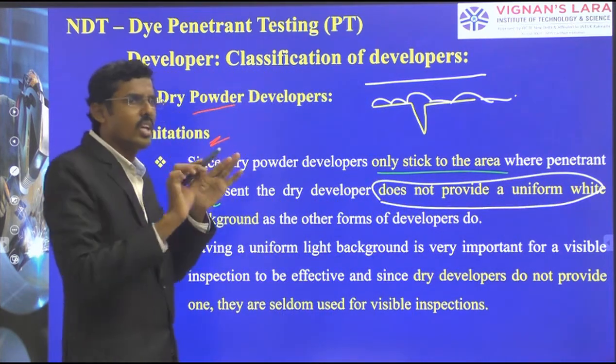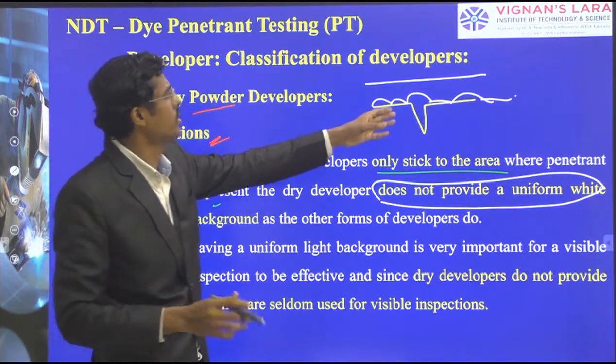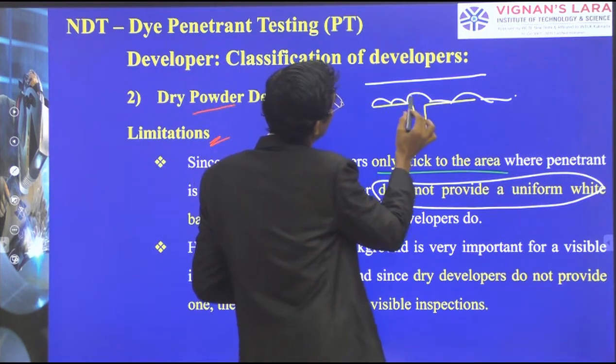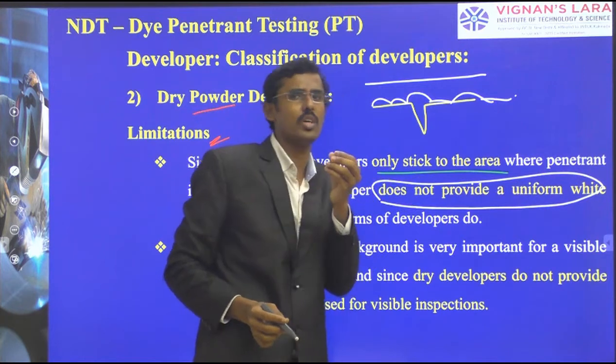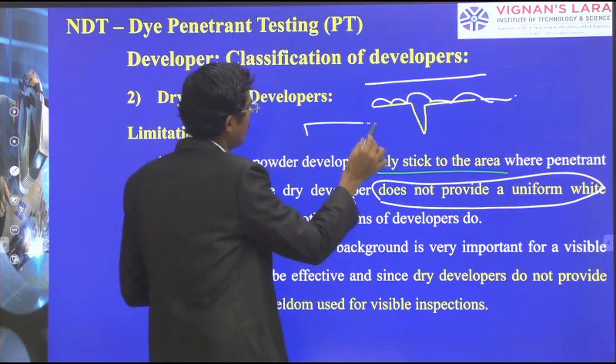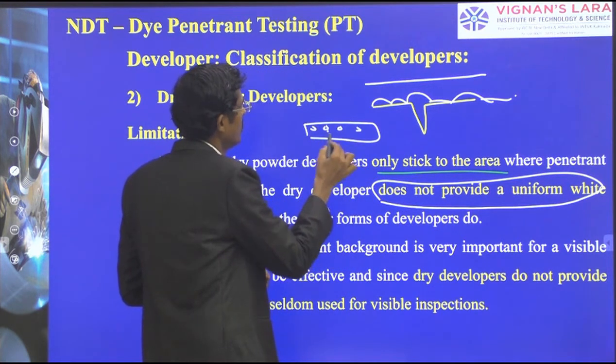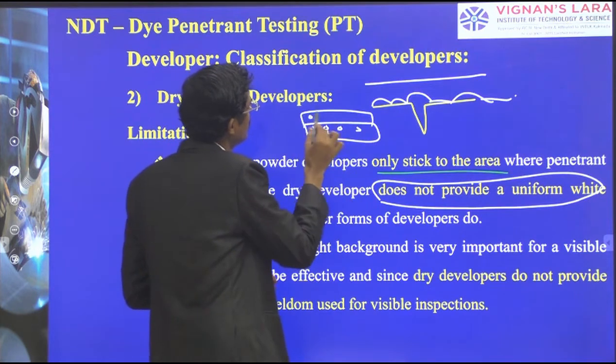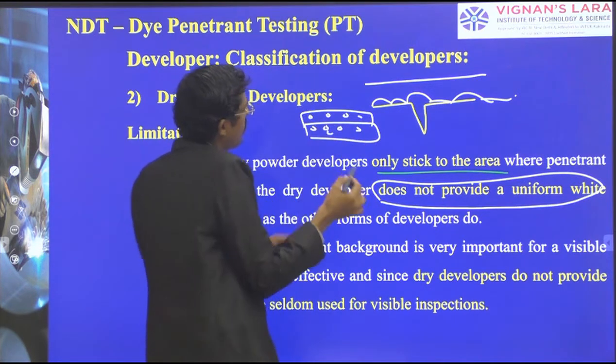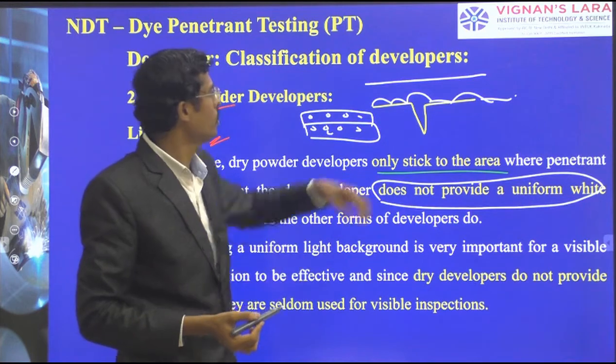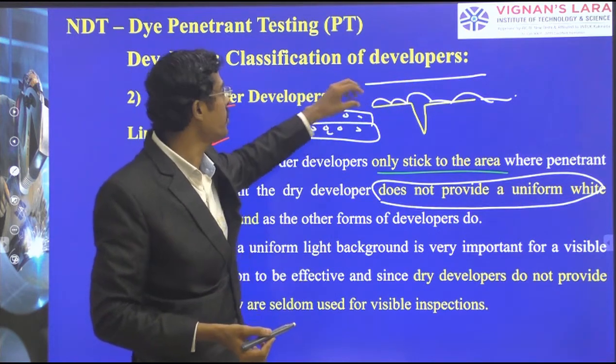It means an irregular white background is there. If there is more powder, more red can be absorbed. If there is less powder, a minimum amount of gap only will be there on the bonding. So more powder can occupy more space, but uniformity is not there throughout.